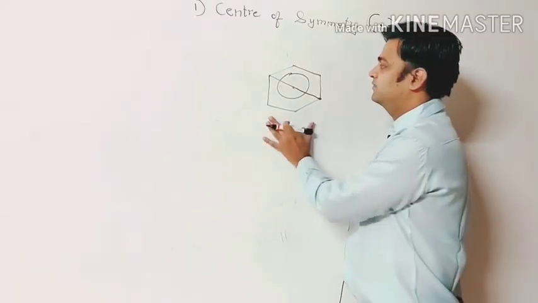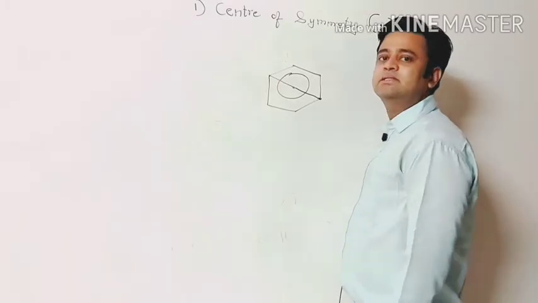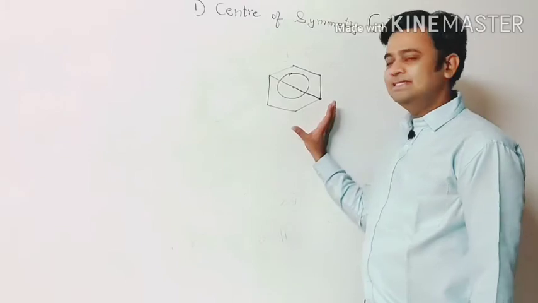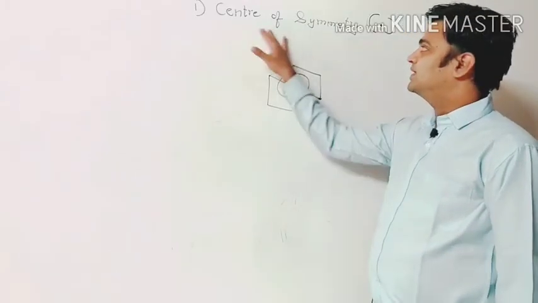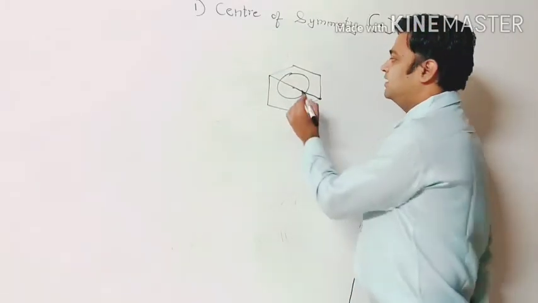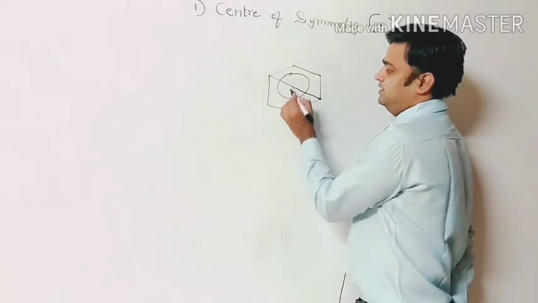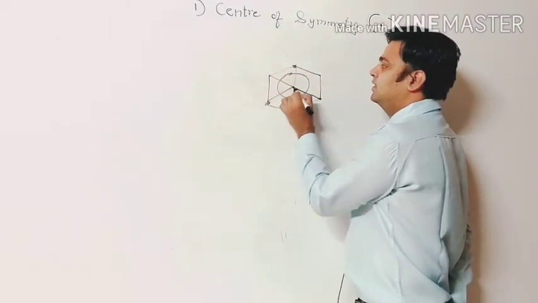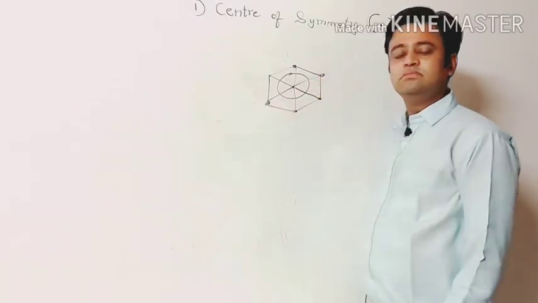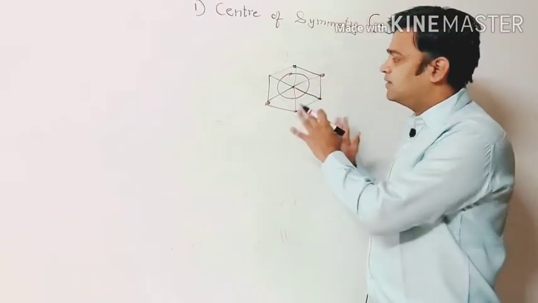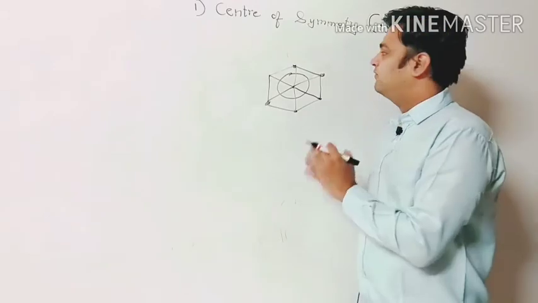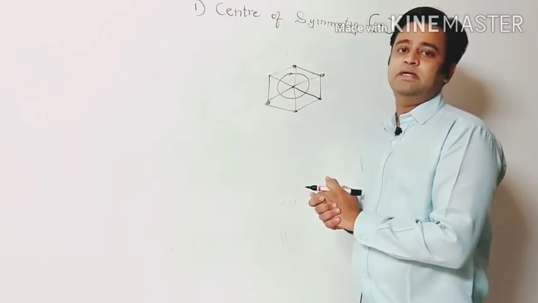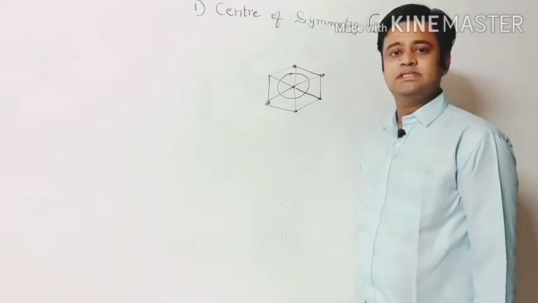Hence benzene is a symmetrical molecule, and benzene is said to possess center of symmetry. If you travel in this direction we meet a carbon, and in the opposite direction we meet carbon here also. Everywhere in the molecule it follows center of symmetry. Therefore the molecule is said to possess center of symmetry.